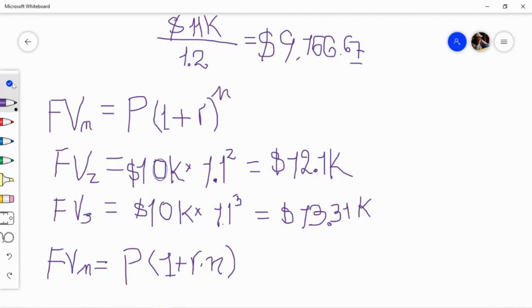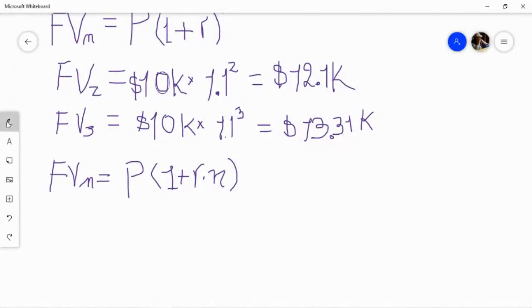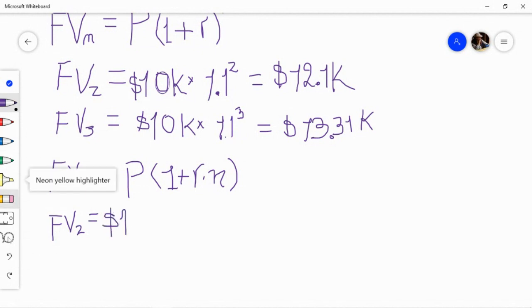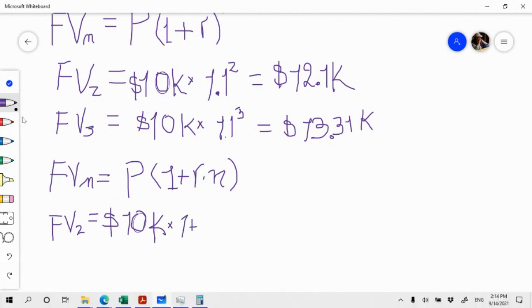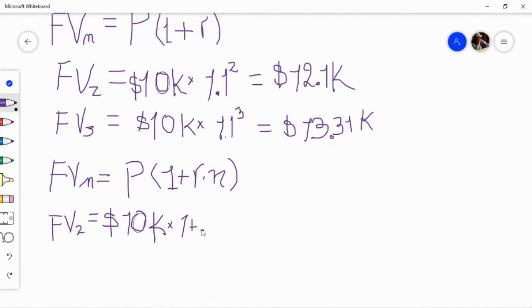So by simple interest rate, future value in year 2 will be 10K times 1 plus 0.1 times 2, so 0.1 times 2 is 0.2.